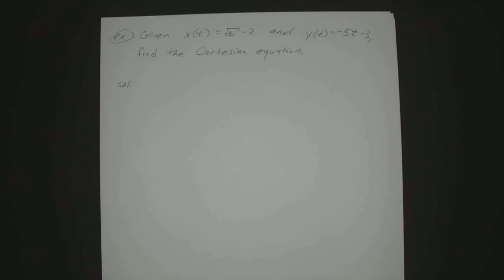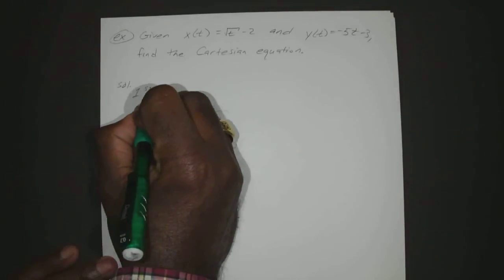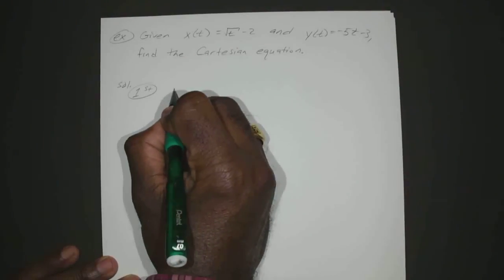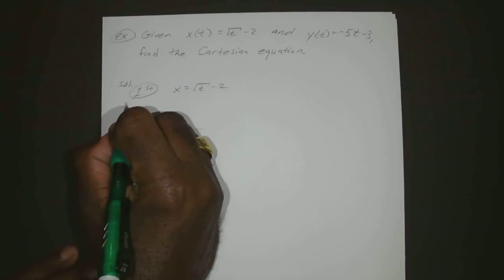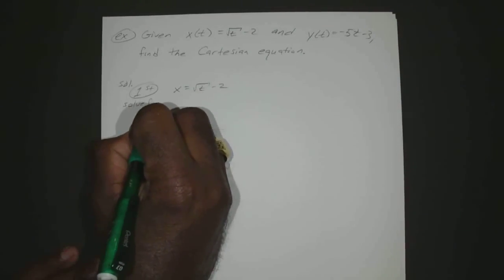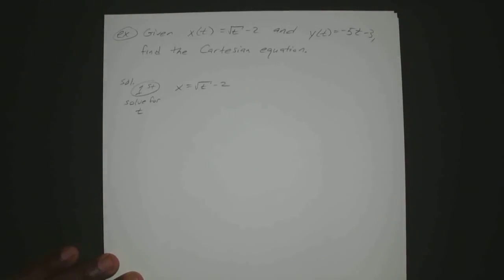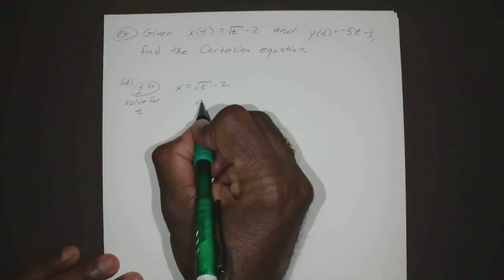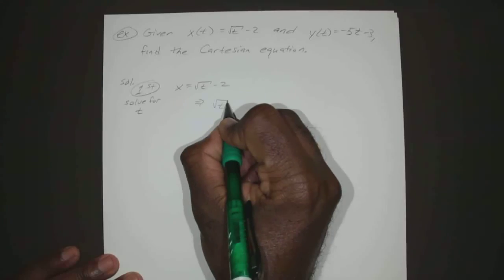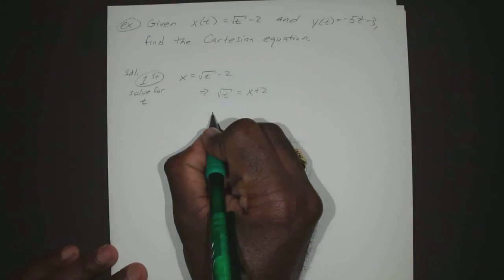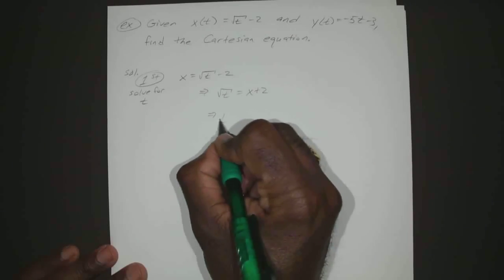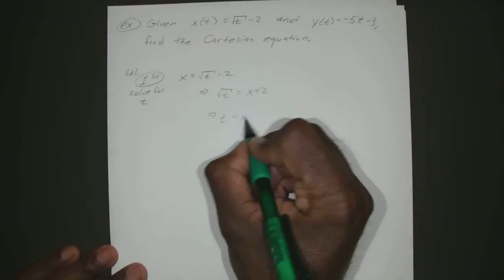All right, so just like before, your first step, x equals square root of t minus 2. Let's solve for t. So that means we have square root of t equals x plus 2, or t equals x plus 2 squared.